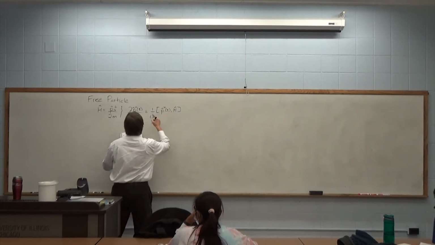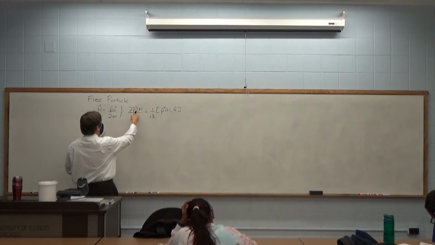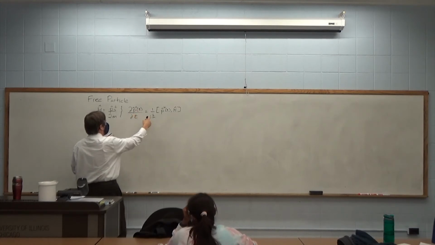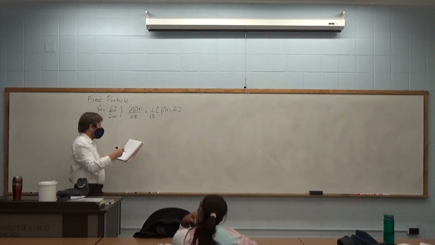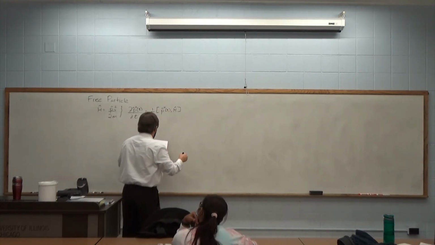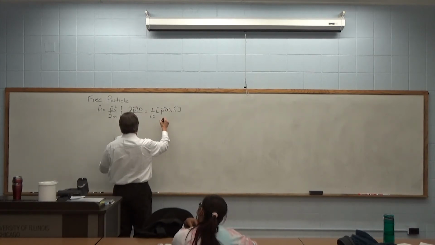Okay, so again, I'm sorry the H is kind of small, but again, the time-dependent operator, 1 over i h bar, commutator of the operator. So what are we going to do here?